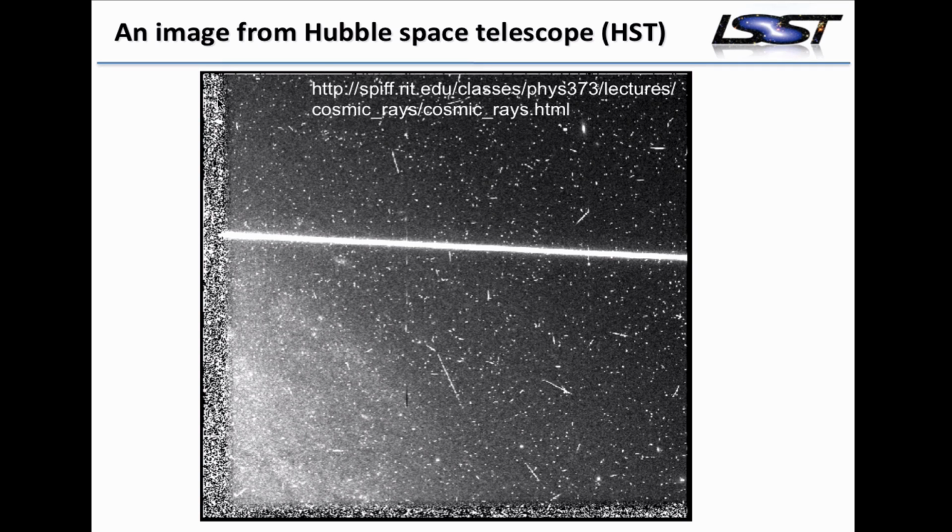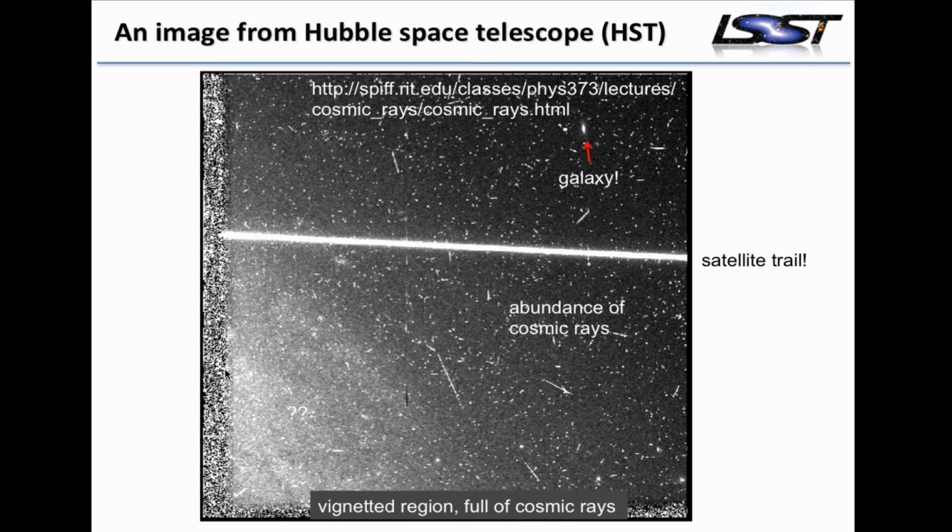Another thing you can see is a picture frame around the edge where there isn't really any source coming from the sky, and there are all these little lines and things. There's a diffuse halo of stuff down the bottom left-hand side, and so the question is, what is all this? The picture frame around the edge is a vignetted region of the sensor, and the only things in there are cosmic rays.